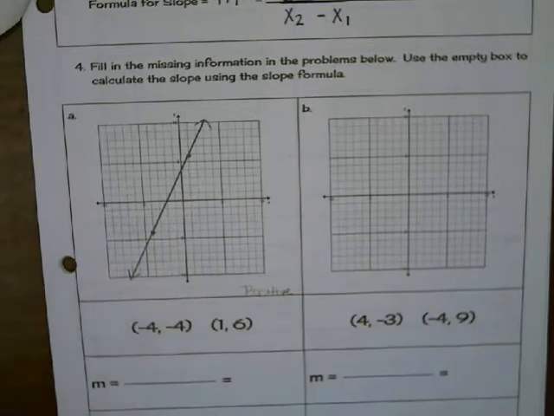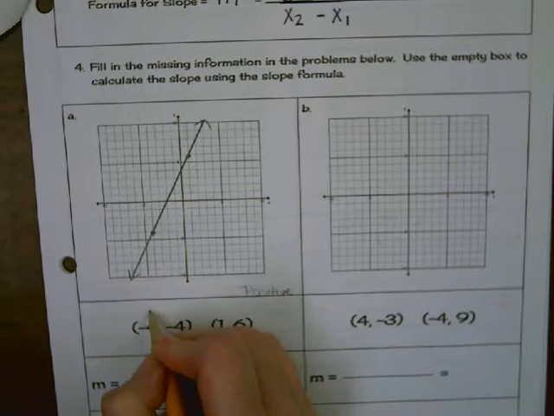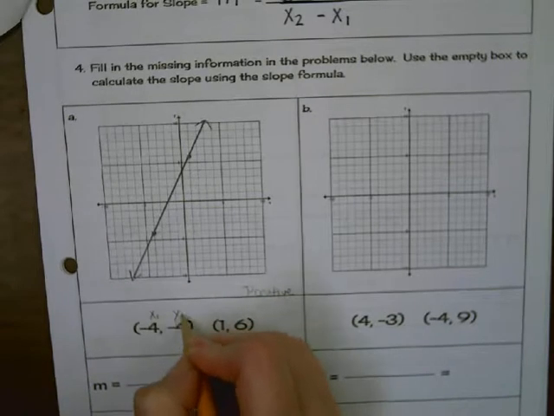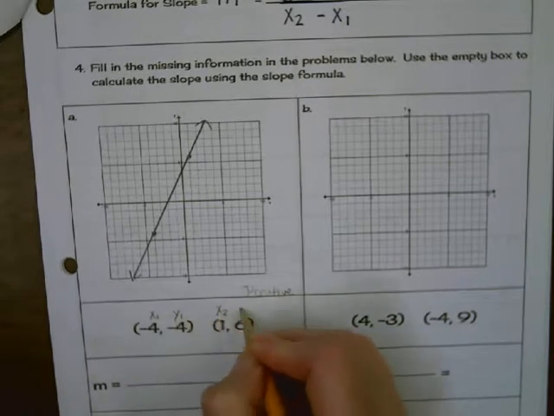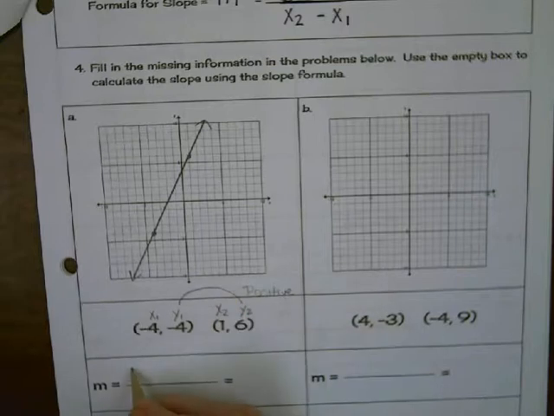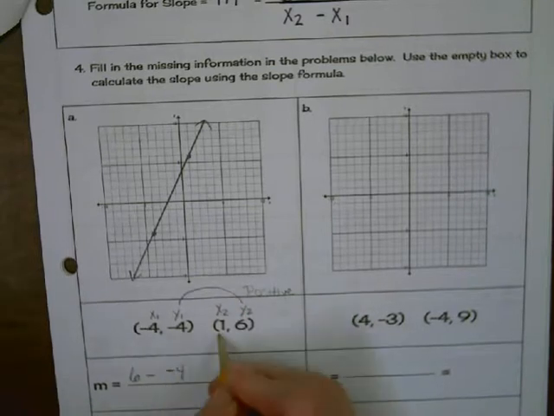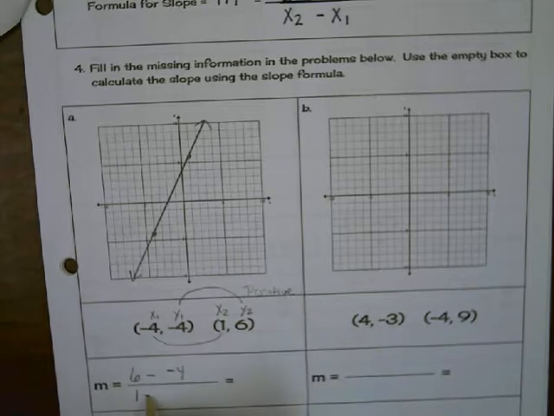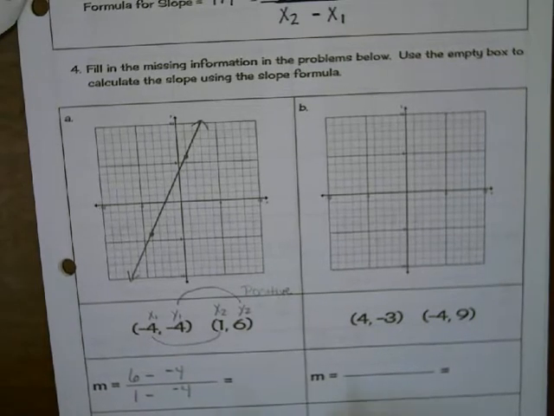Alright, so here's my x and my y, x2, y2. 6 minus a -4, 1 minus a -4. Let's see what I get.